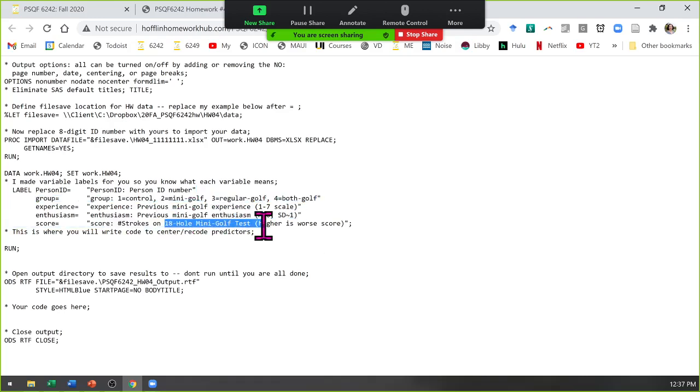We're predicting the number of strokes, right? Yes. Based on which group you're in, how many strokes did it take to complete the 18-hole golf course? That's your outcome. 18 would be the lowest, right? Yes, it should be.